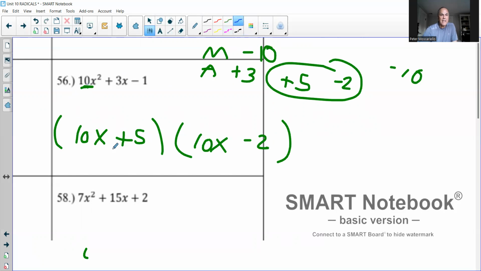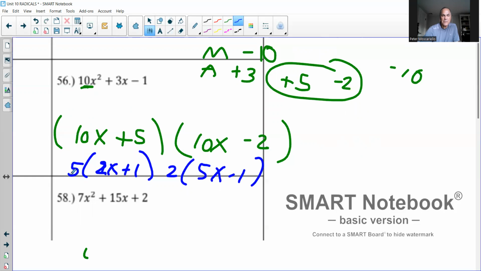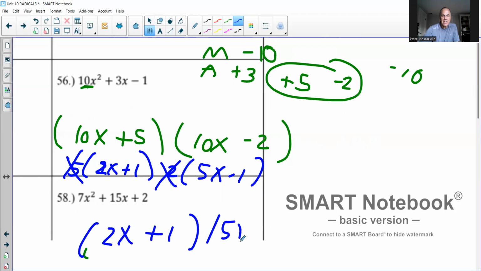FIO, can I factor it out? Yeah, I can take out a 5. 2x plus 1. That's a 2. Yeah, I can take out a 2. 5x minus 1. Factor it out, throw it out. 2x plus 1, 5x minus 1, and feel free to FOIL it and see if you get the right answer. And you did.